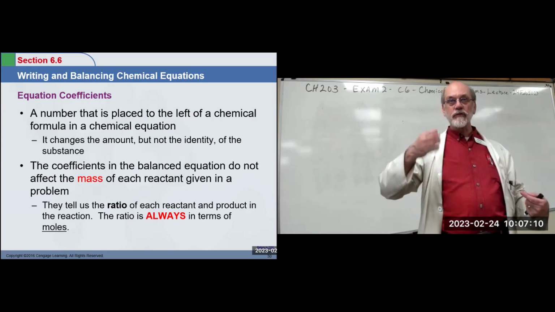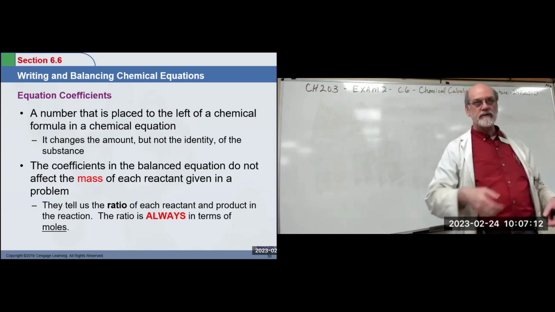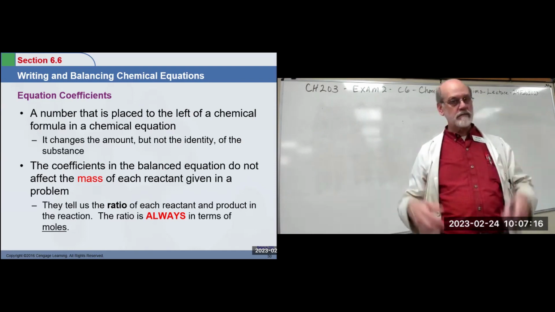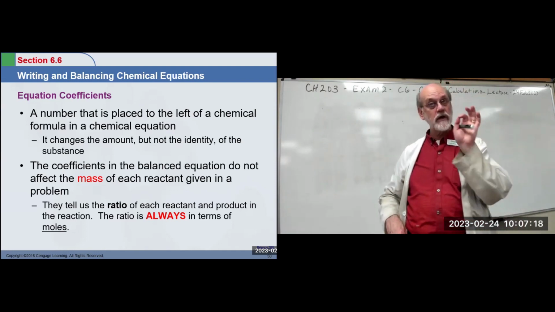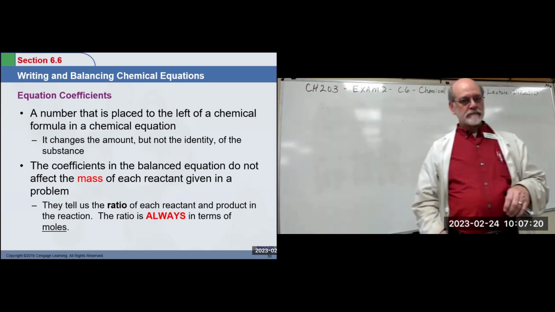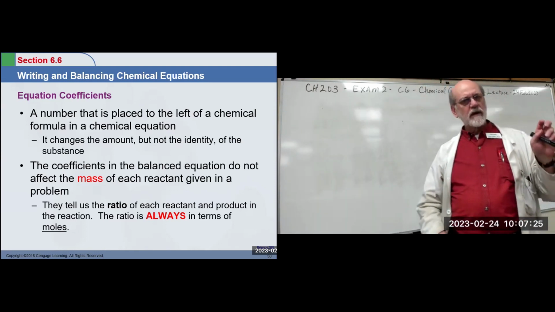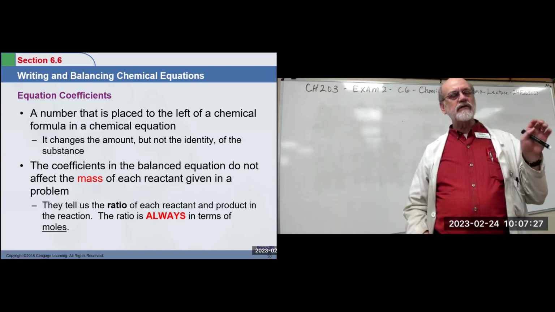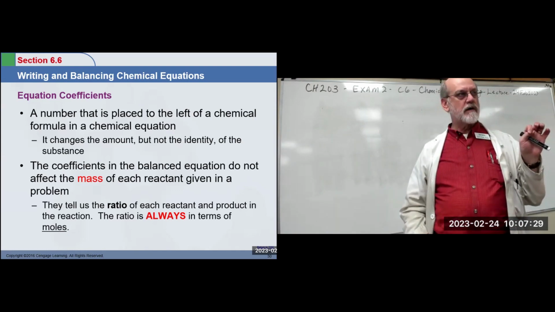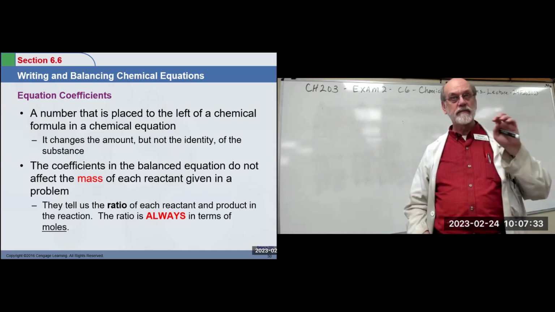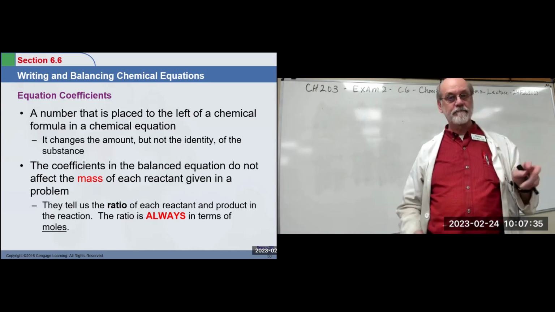That is, numbers in front of each one of the compounds, or elements. If they're pure elements in there, you have to use coefficients. And the coefficients are there to change the numbers of whatever comes after them, compound or simple elements.